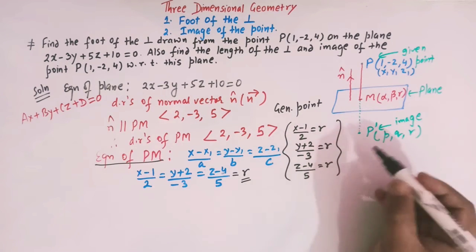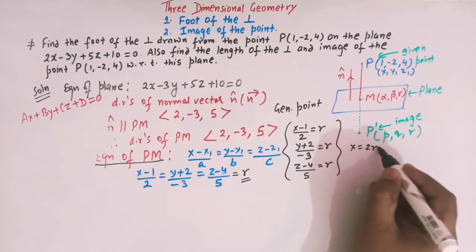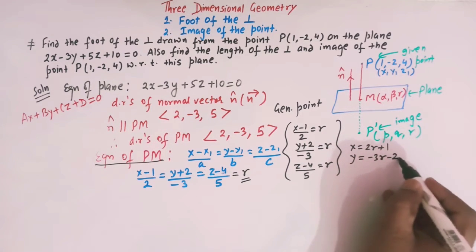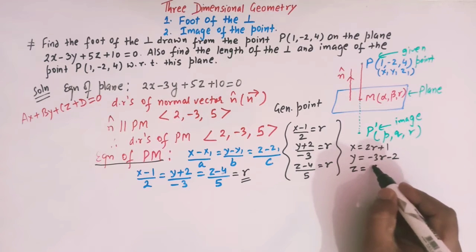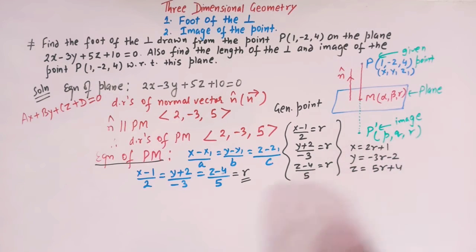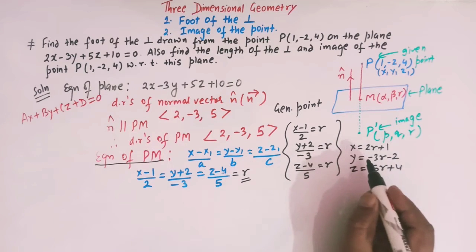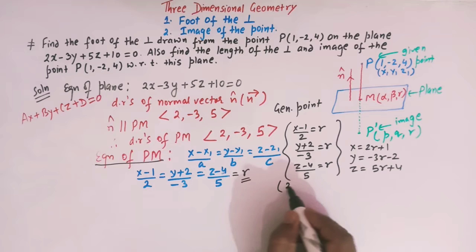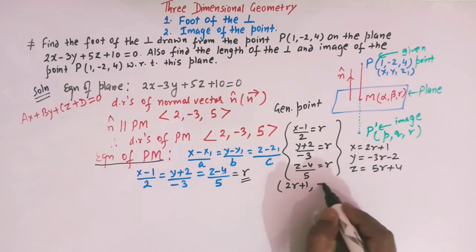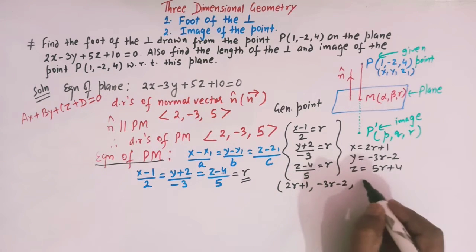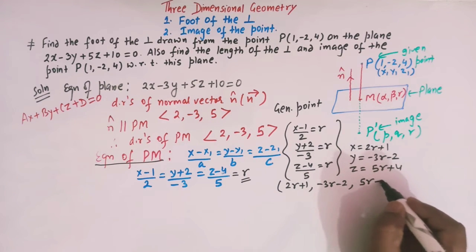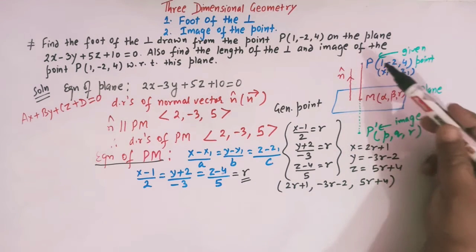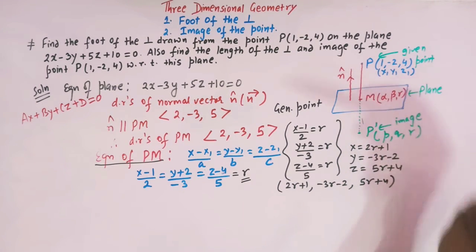So here we will take r and we have framed these three equations, right? So from here we have x is equal to 2r plus 1, y is equal to minus 3r minus 2, and z is equal to 5r plus 4, right? So now we have the coordinates of the general point as (2r plus 1, minus 3r minus 2, 5r plus 4), right? And this general point lies on this line PM, right?